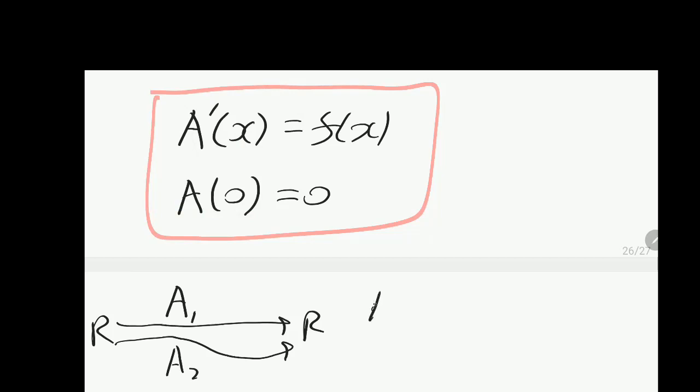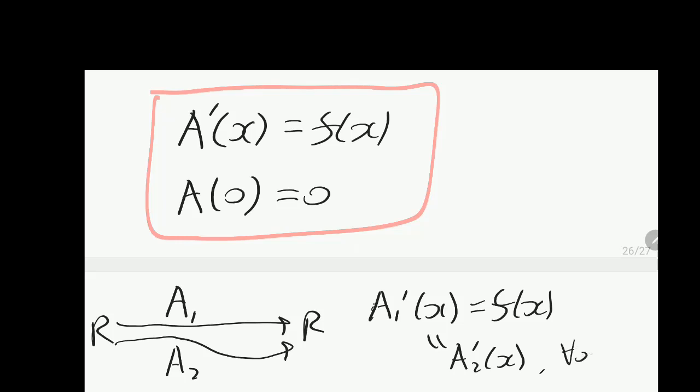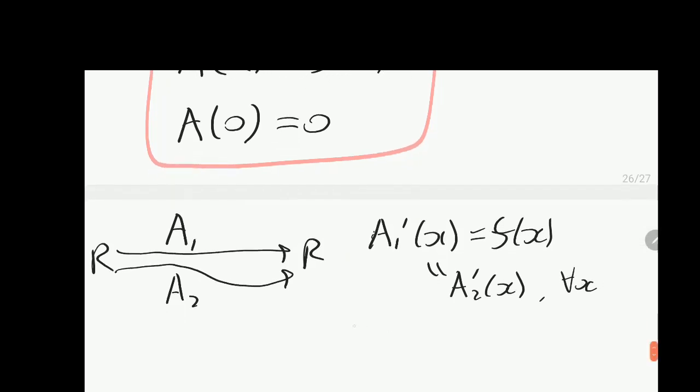So we're going to assume that A1 dash of x is equal to f of x is equal to A2 dash of x for all x, and we're going to assume that A1 of 0 is equal to A2 of 0 is equal to 0.